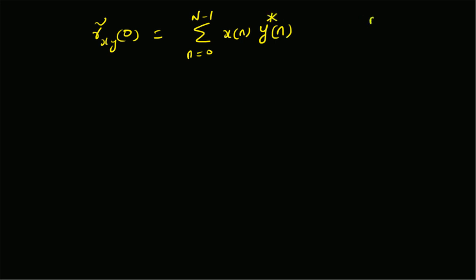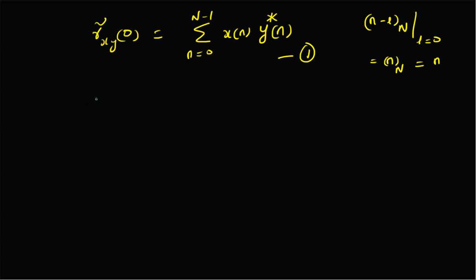This is because n minus L mod N at L equal to 0 is simply n mod N. It is simply n because n is from 0 to N minus 1. So that is the value of the circular correlation at L equal to 0. Let us call this equation 1.